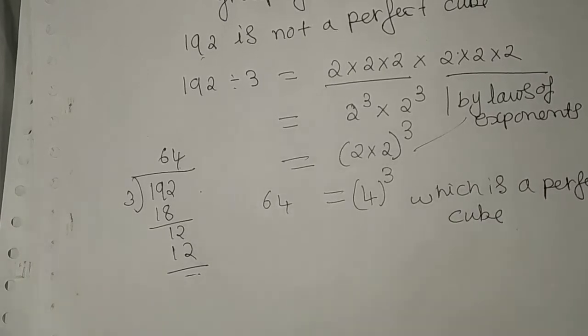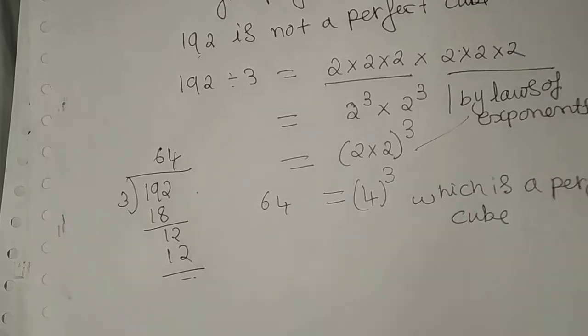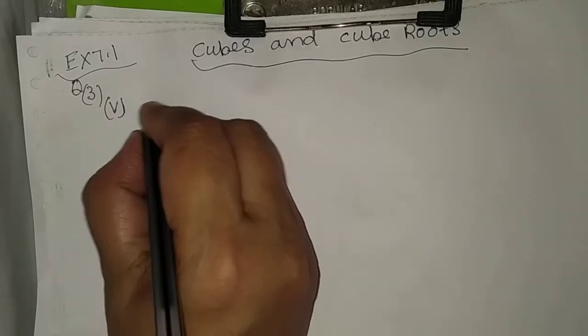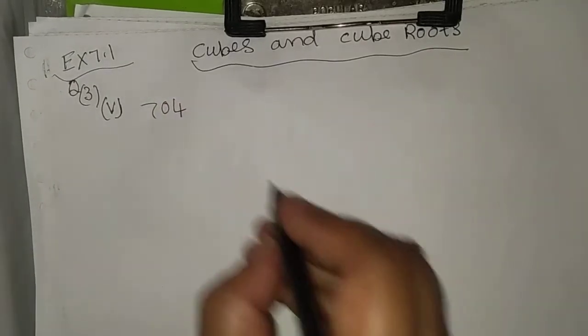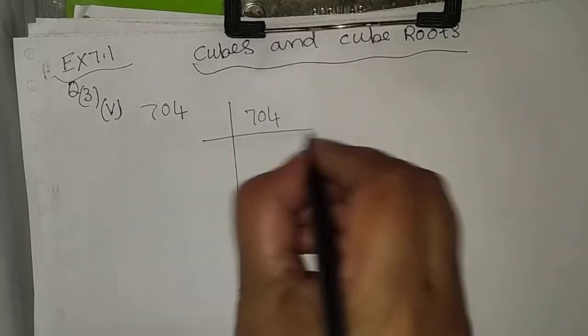So this is the solution for this, that is question 3, fourth problem. We move on to the next one, that is the fifth problem. So given is 704. So first step is prime factorizing the given number.